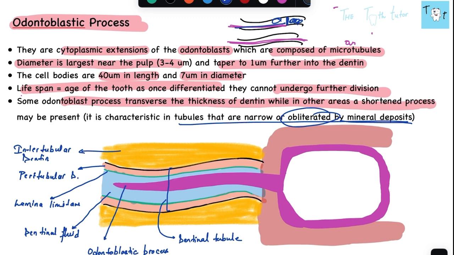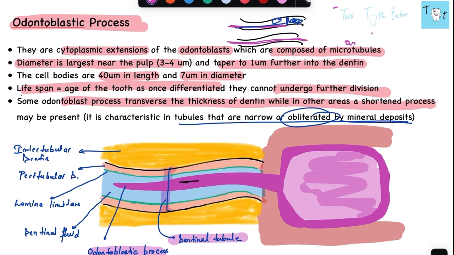This is a diagrammatic representation of the structure of the dentinal tubule and everything inside it. So this whole thing is a dentinal tubule. If you look over here, this is your odontoblast, obviously, and this is the extension, the odontoblastic process. Outside the odontoblastic process, this entire thing is your dentinal tubule.